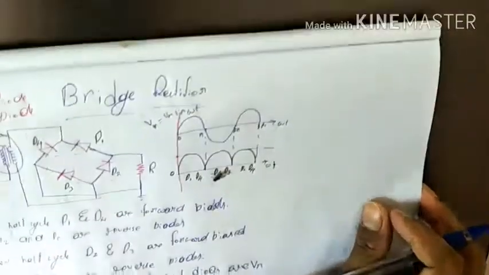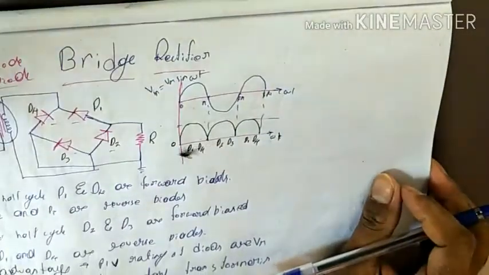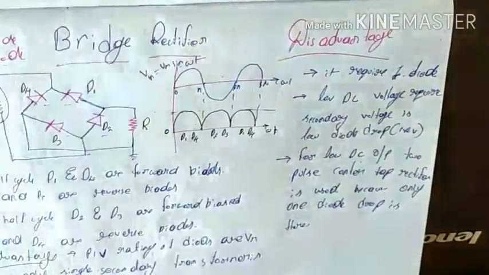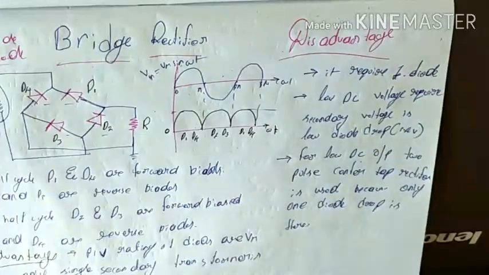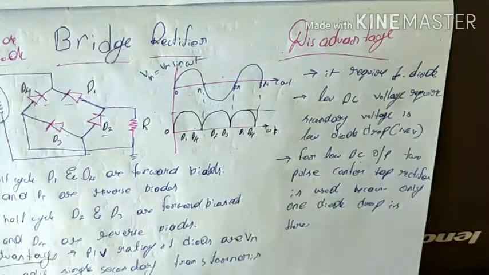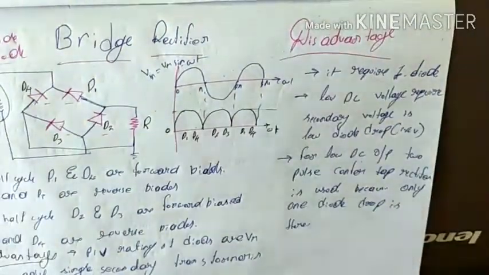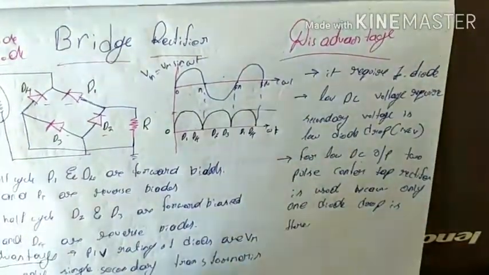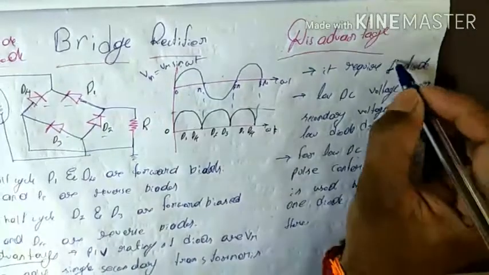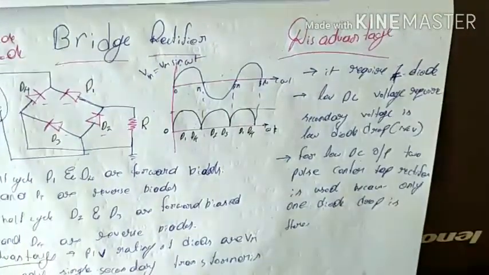Now we are going to see the disadvantages. In the bridge rectifier there are disadvantages also. The main and major disadvantage is that it requires four diodes.